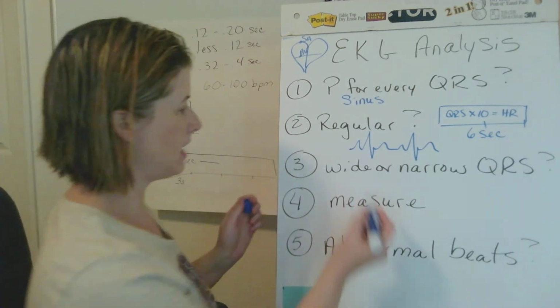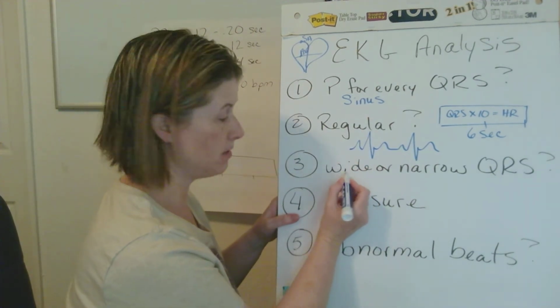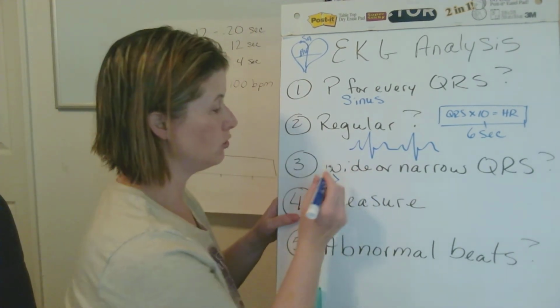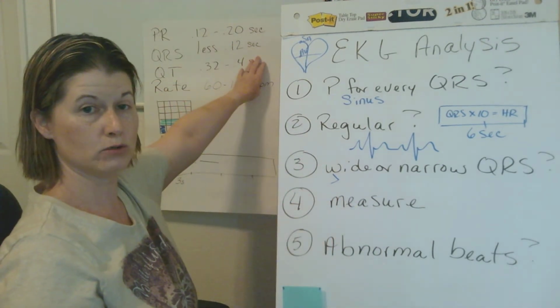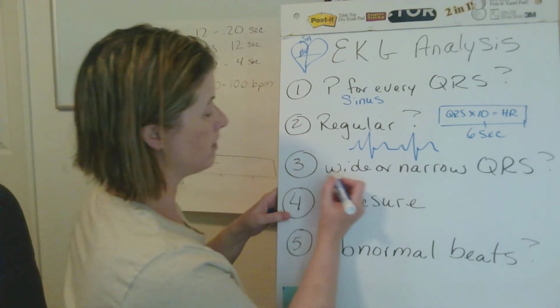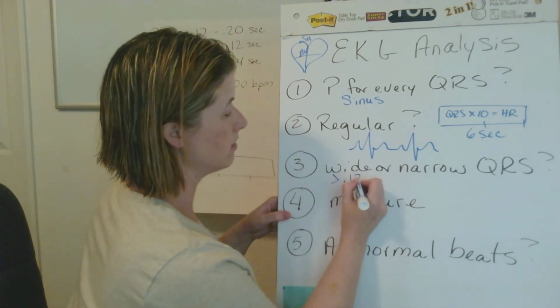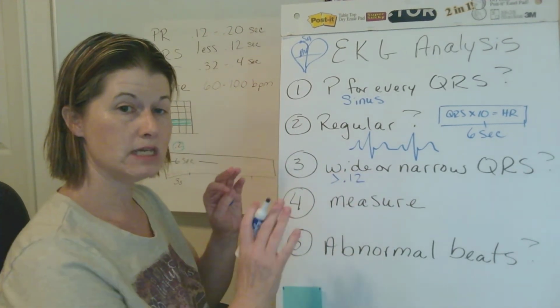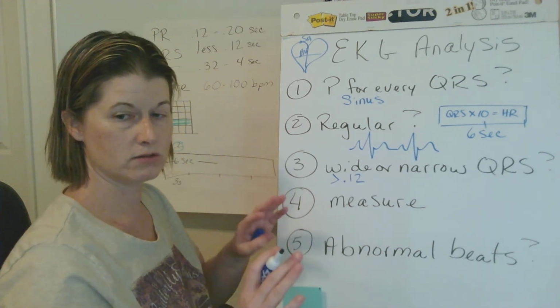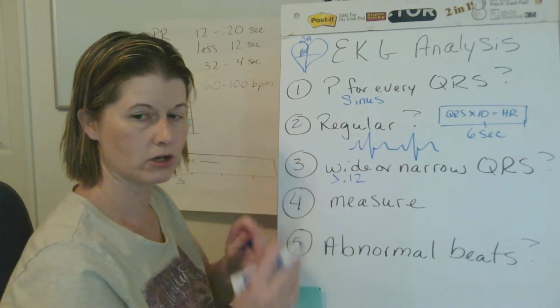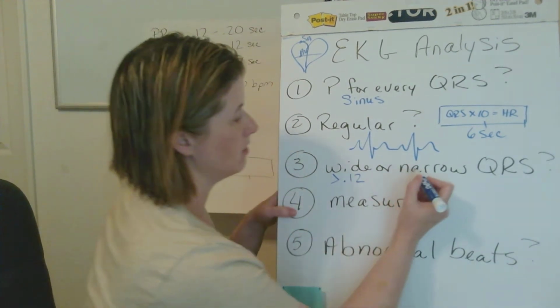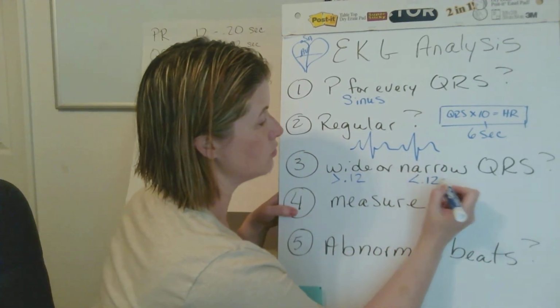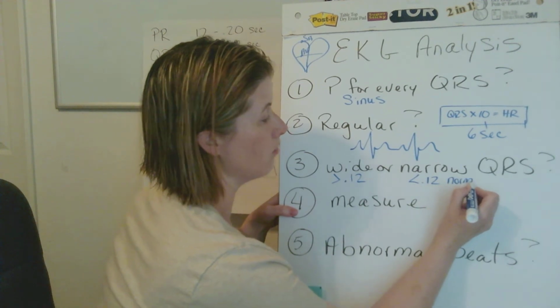In order to be a wide QRS, that means that your QRS measurement is, remember we wanted it less than 0.12 to be normal, then it's greater than 0.12. If it's equal to 0.12, then it's borderline, but we're still going to call it narrow. Narrow is also normal, less than 0.12, okay, or normal.